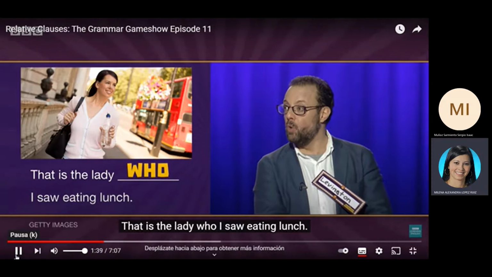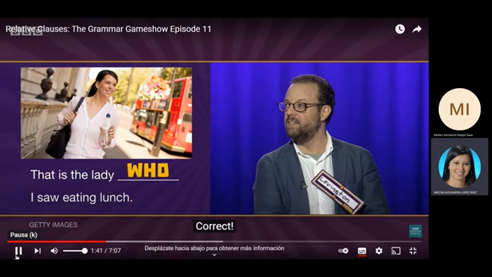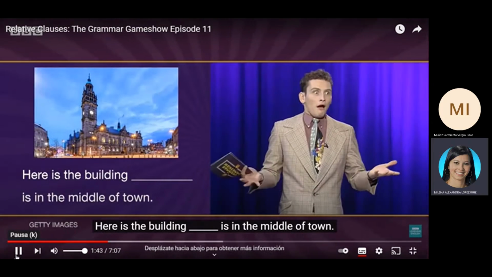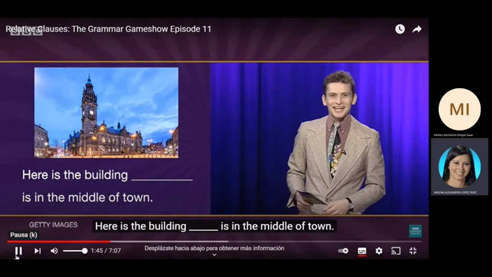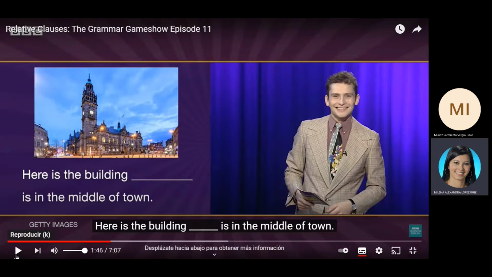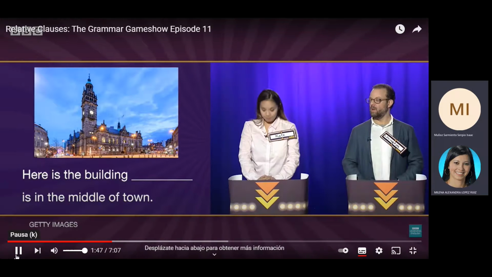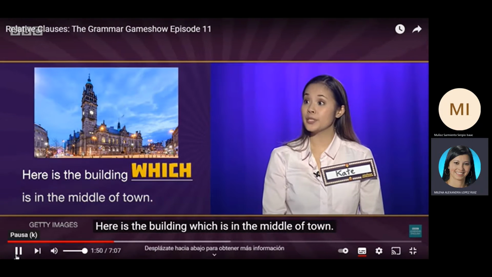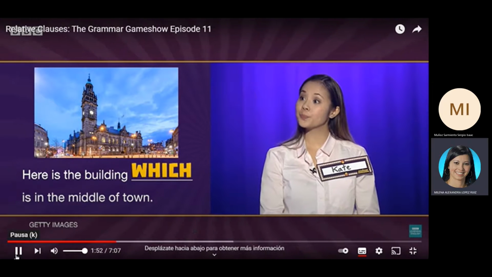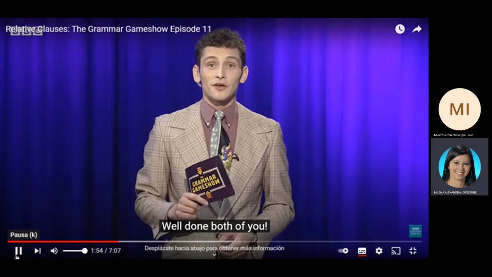That is the lady who I saw eating lunch. Correct. Here is the building is in the middle of town. Here's a building which is in the middle of town. Good. Which? Here is the building which is in the middle of town. Correct. Well done, both of you.